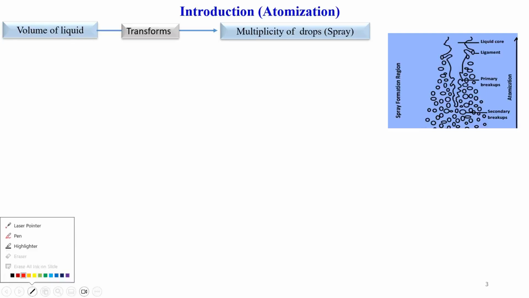Here the liquid core breaks into bigger ligaments, further bigger ligaments into bigger droplets, whereas the primary bigger droplets further break into very fine droplets. This process is secondary breakup.